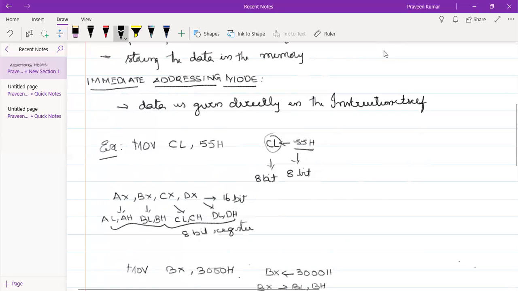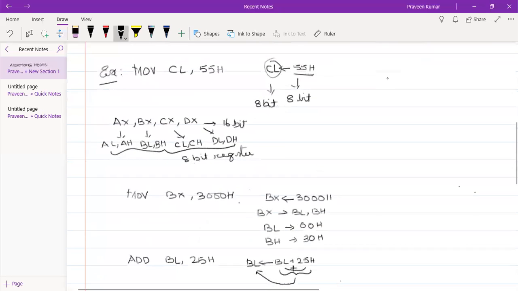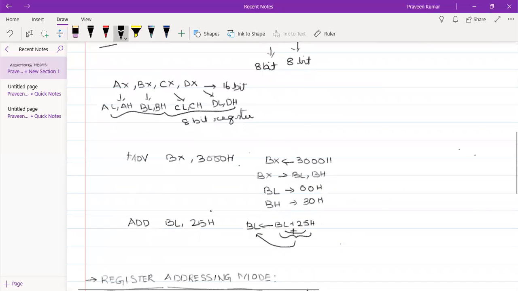We'll go with one more example, where I move the data 3000H into the BX register.